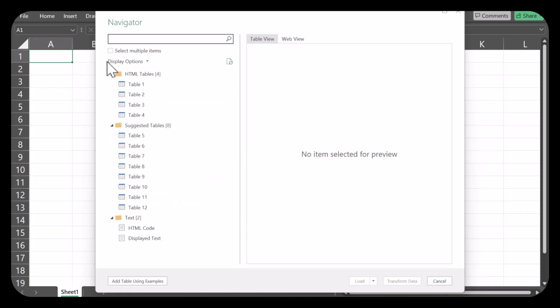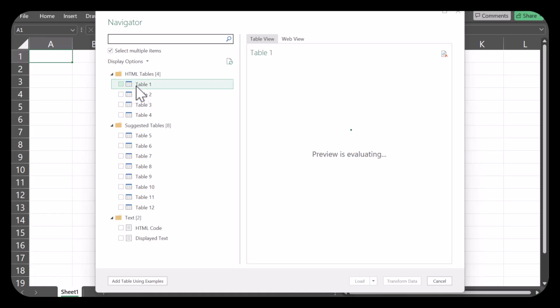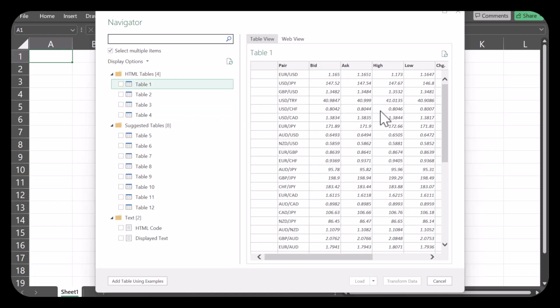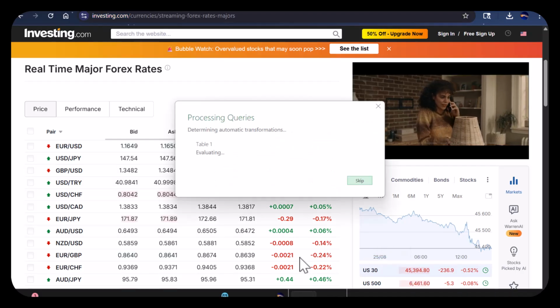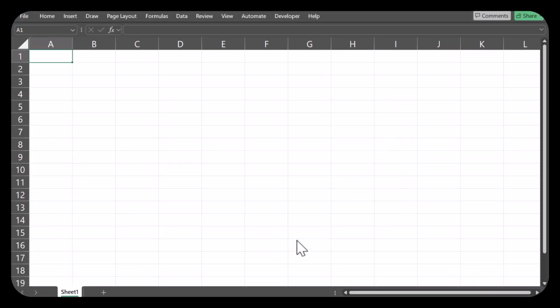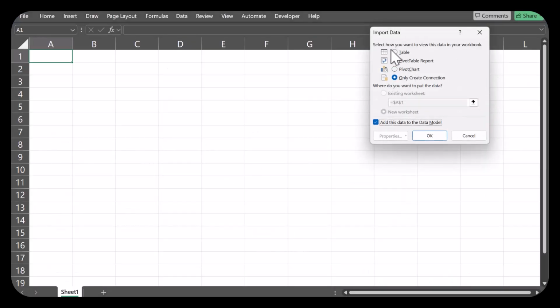I'm gonna get this table. Load 2. Table.